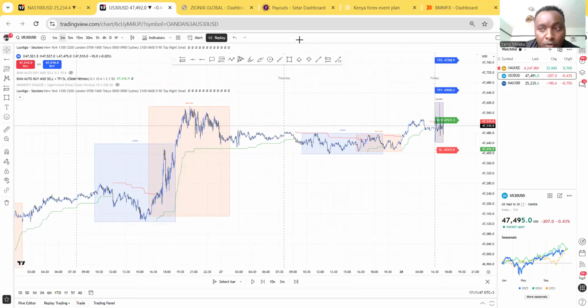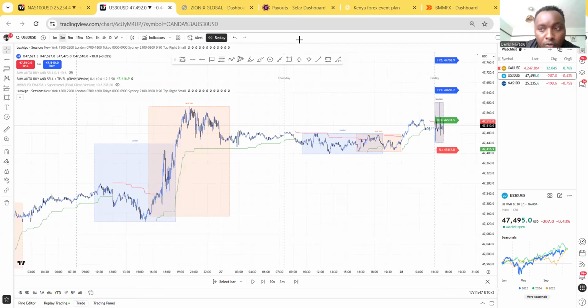So for me on Friday, and this is the exact thing that you could have done, this is what happened. Price came, rejected, rejected, rejected, and then price broke above. After price broke above, I remember entering my trades. You can just put your stop loss around that zone area there.